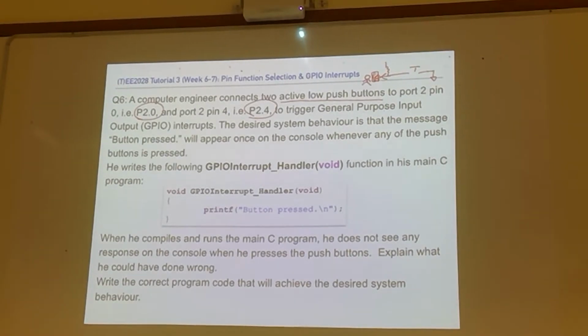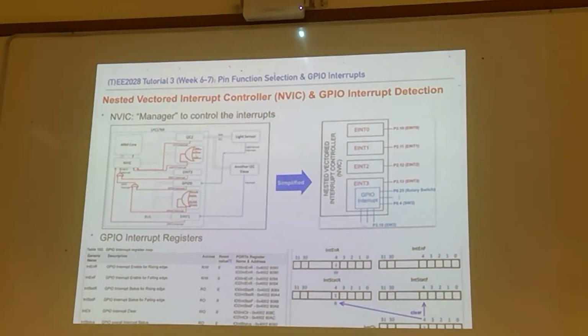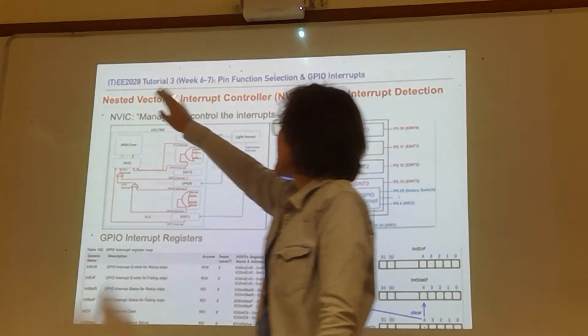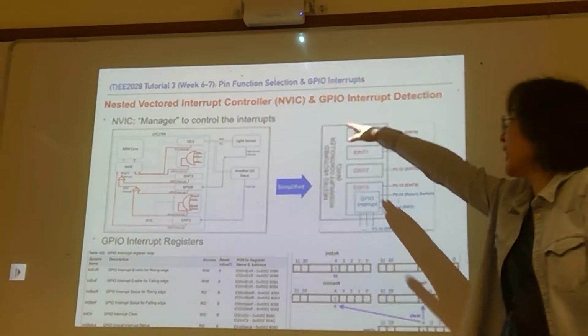So this is talking about how the LPC 1769 is handling interrupts. To handle the interrupt, there is a controller we call the nested vector interrupt controller, or NVIC.